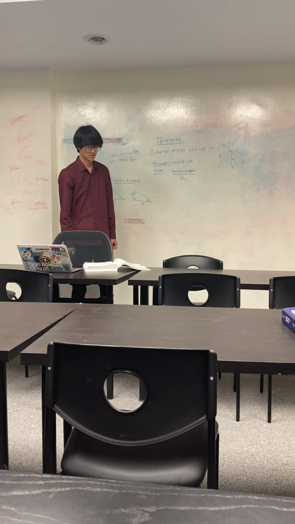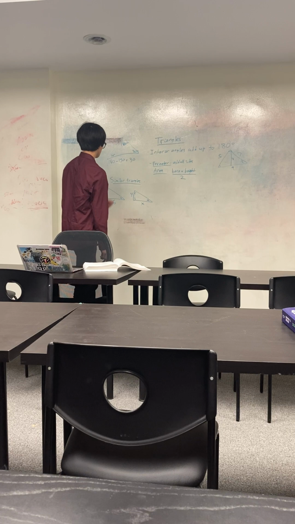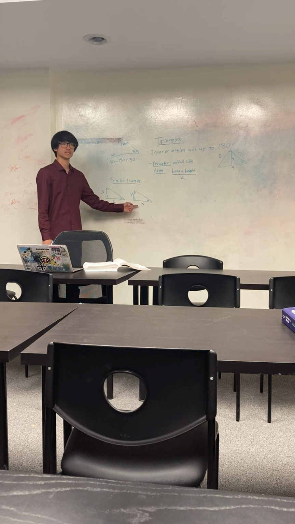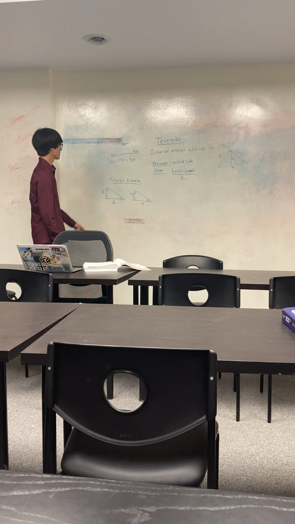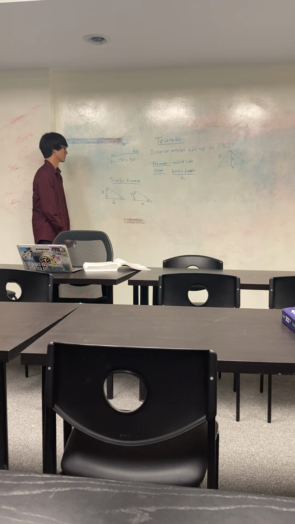A kind of problem that you might see on the ASVAB is to find the missing side. With similar triangles, their side lengths are proportional.